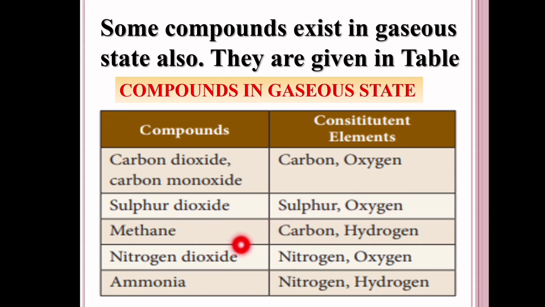Nitrogen dioxide: nitrogen and oxygen. And finally we have ammonia: nitrogen and hydrogen. So these are the compounds in gaseous state: carbon dioxide, carbon monoxide, sulfur dioxide, methane, nitrogen dioxide and ammonia. These are some of the examples of compounds in gaseous state.